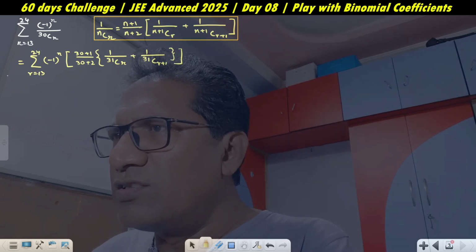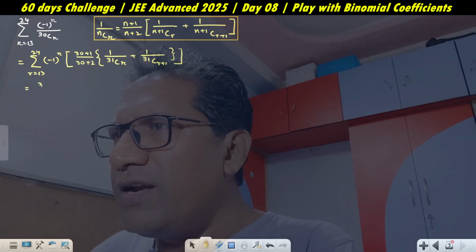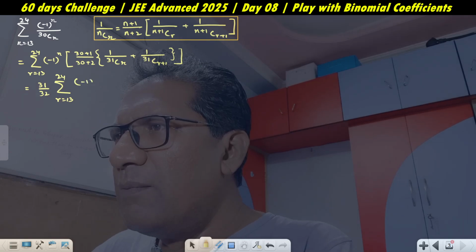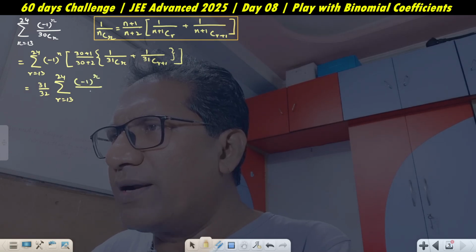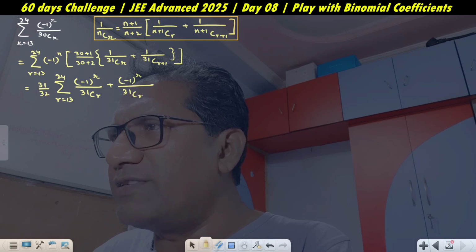Now this is a constant. I can take it outside our sigma sign. So it will be 31 over 32 outside, sum of 13 till 24 minus 1 whole to the power r by 31CR plus minus 1 whole to the power r by 31C(R plus 1). Right?